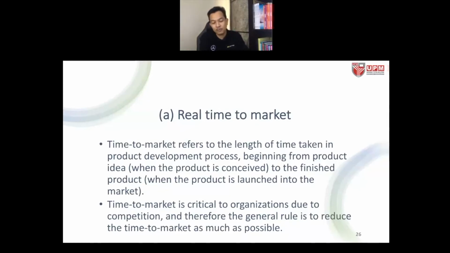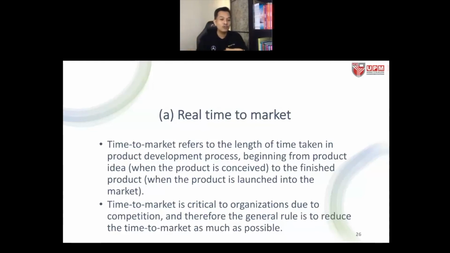For example, like Proton, they have a strategy for when to launch their new X50. They already have the X70 being launched, I think about 1 year or 2 years ago, and then they wait another 2 years to launch their second product, X50, and I heard that they are going to launch their third product, which is X90, a bigger version of X70.